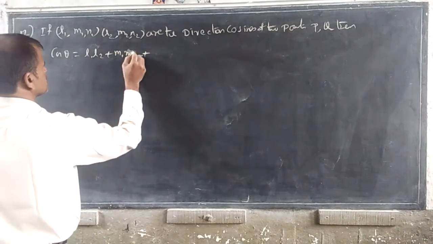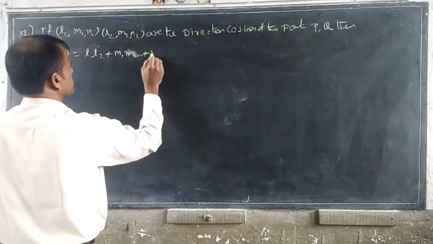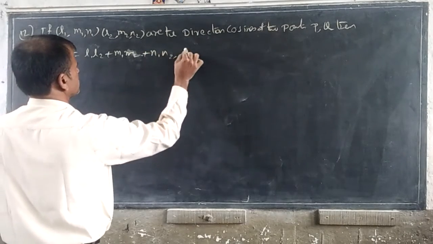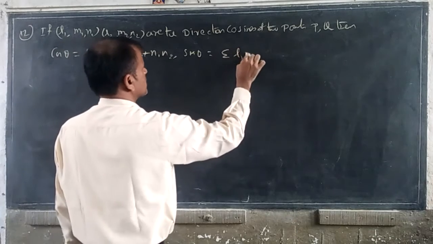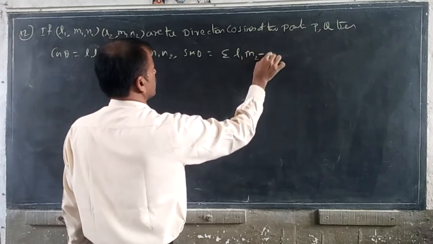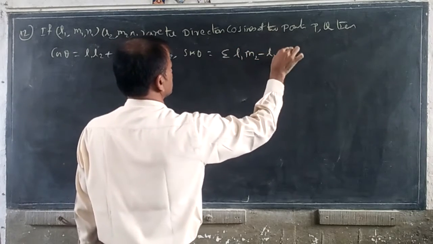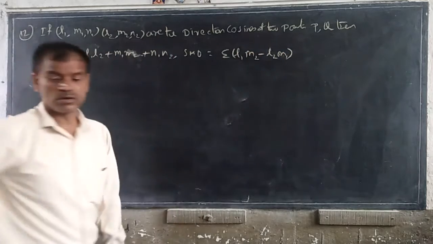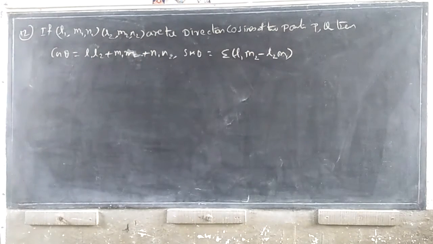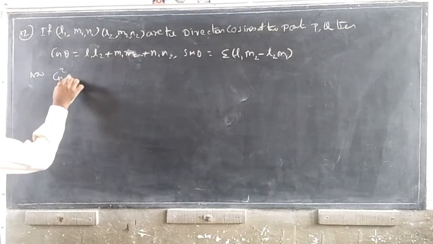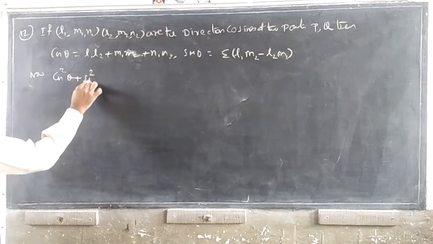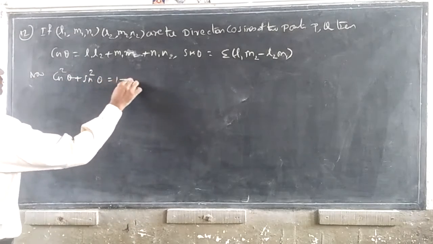Cos theta is equal to L1 L2 plus M1 M2 plus N1 N2, comma, sin theta is equal to sigma of L1 M2 minus L2 M1. This is the concept. Now use the formula cos square theta plus sin square theta equal to 1.